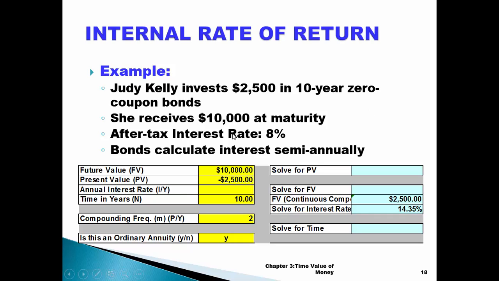If after taxes we can earn 8%, what is the interest on this particular bond? We're going to receive $10,000 at maturity. The present value is what we paid, $2,500, it's a 10-year bond, and the compounding frequency is twice per year. So the actual interest rate we would earn on this investment is 14.35%.